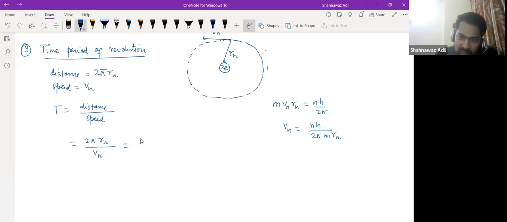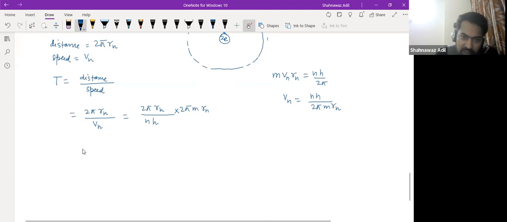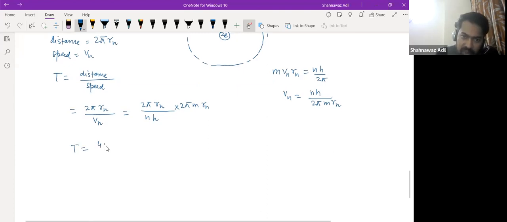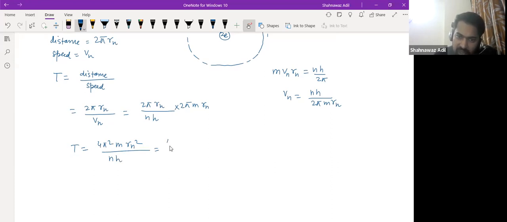If we put this value, 2 pi Rn divided by nh, and 2 pi m Rn, this would be T equals 4 pi square m Rn square divided by nh. And now we can put the value of Rn square, right?